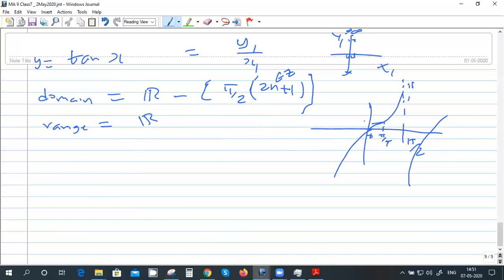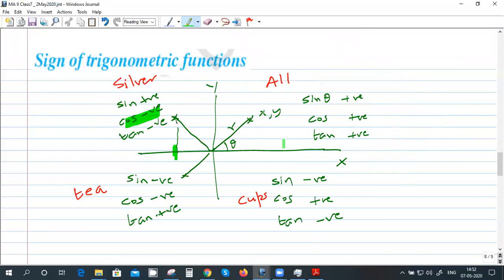N equal to minus 1 gives minus pi by 2. Basically, these two points should not be included. This point and this point should not be in the domain. So that's why this part is coming. This is the idea of domain and range of a function.